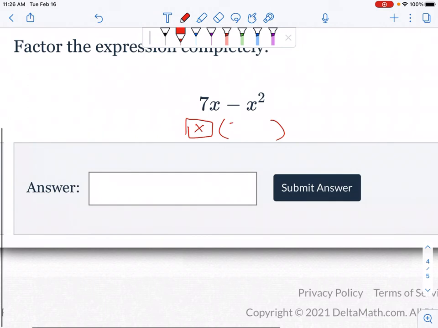So this is going to become 7, and x and x erase themselves. And then minus x to the second, and I'm dropping it 1 power, is going to become x to the first. So our answer is x times 7 minus x. The check is, if I were to multiply these back up, I do get my original problem.